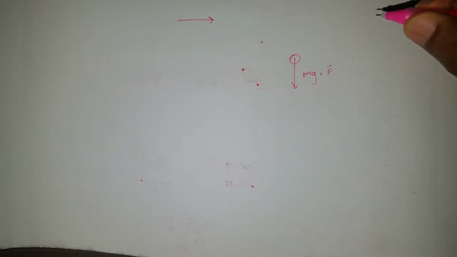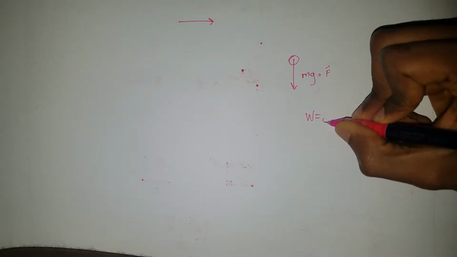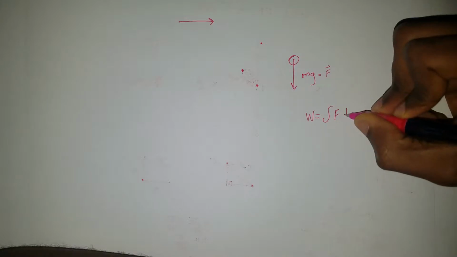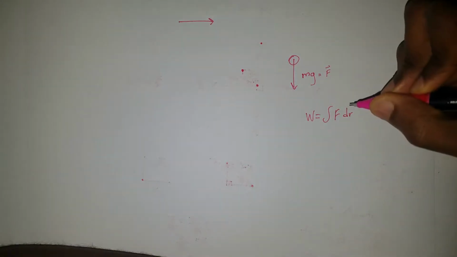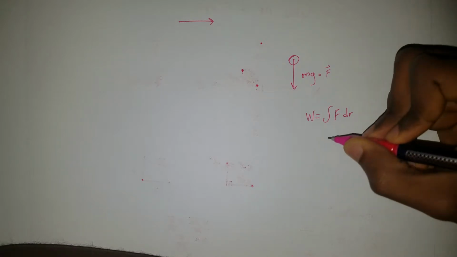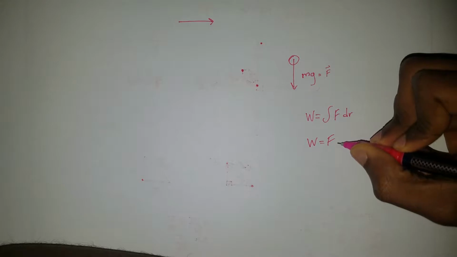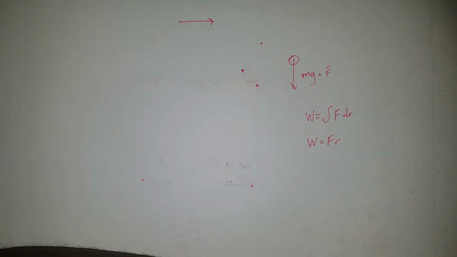And by work, I mean the integral of force over distance. However, when that force is constant, you just say F times the distance, we'll say R. So work equals force times distance when force is constant and does not depend on the distance itself.